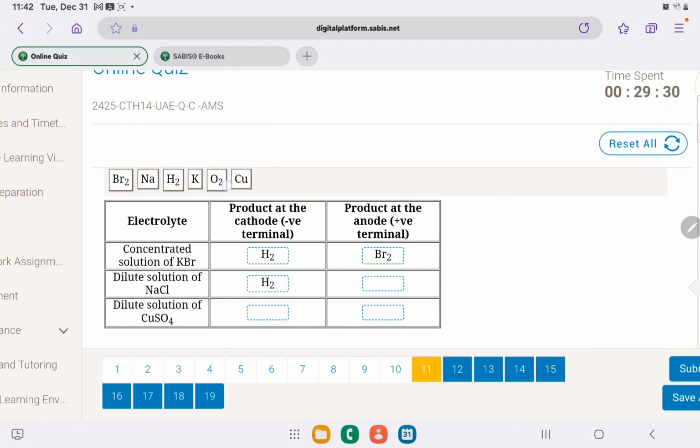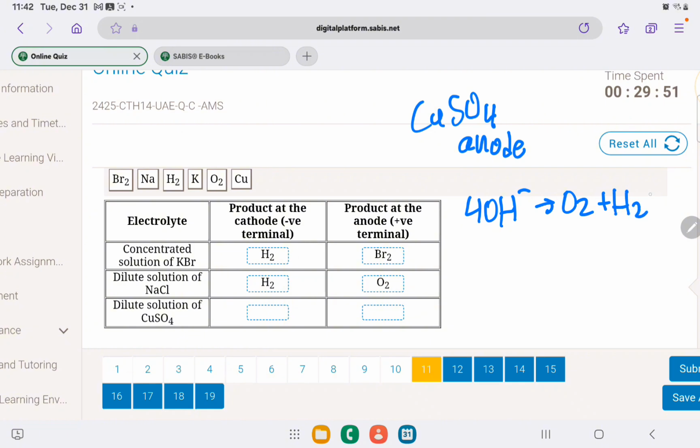So hydrogen, oxygen. And then the last one, CuSO4. At the anode, is the anode made of Cu or Ag? No, didn't say that. Is it made of concentrated I, Br, or Cl? No. So the equation is 4OH minus to give oxygen plus 2H2O plus 4 electrons. Okay.